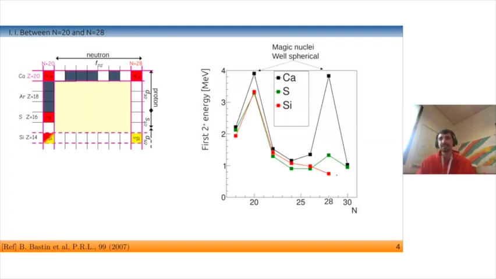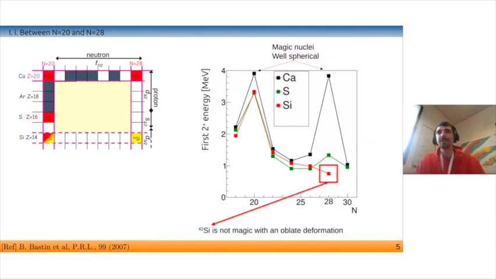But here we can see that there is one that is going lower than the others. In fact, silicon-42 is no longer magic, and it was found to have a strong oblate deformation.